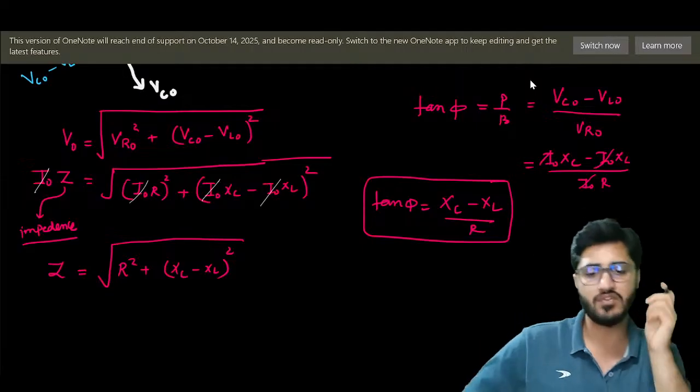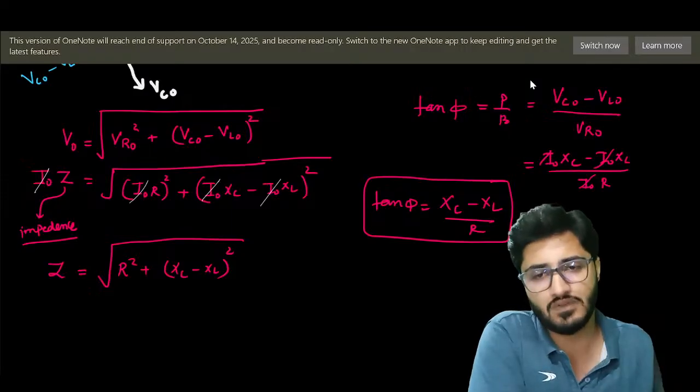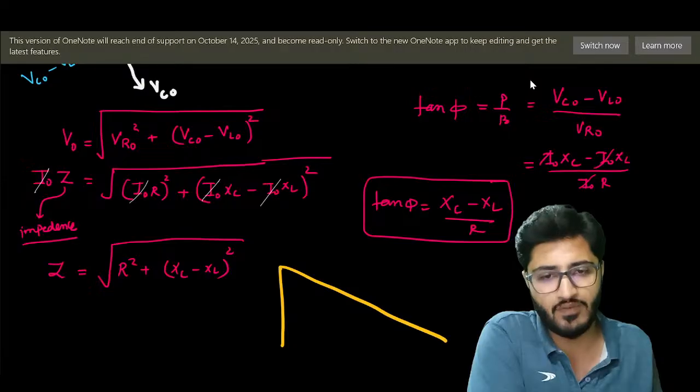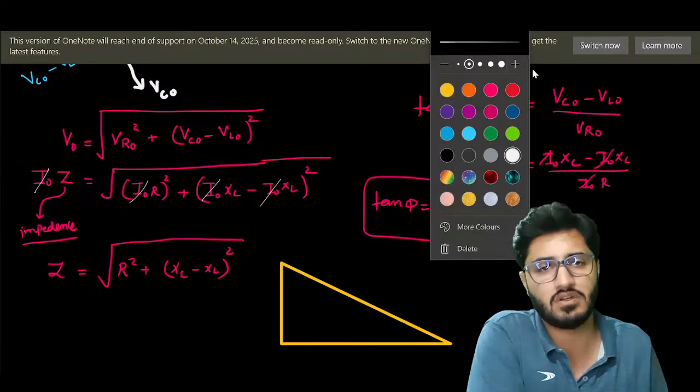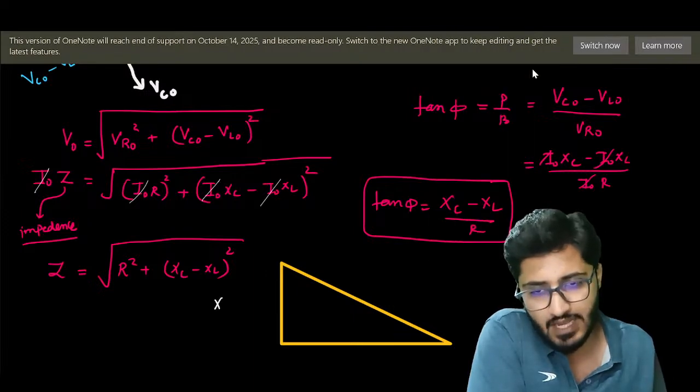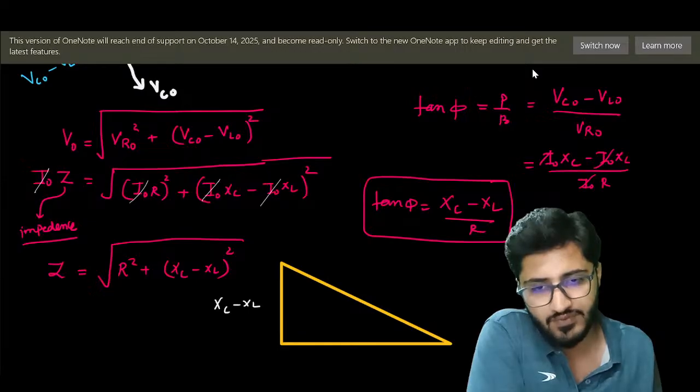For all these things, we have an impedance triangle. Just remember this triangle only. How, sir? Look, this side is XC minus XL, this side is Z, this one is R, and this one is phi.